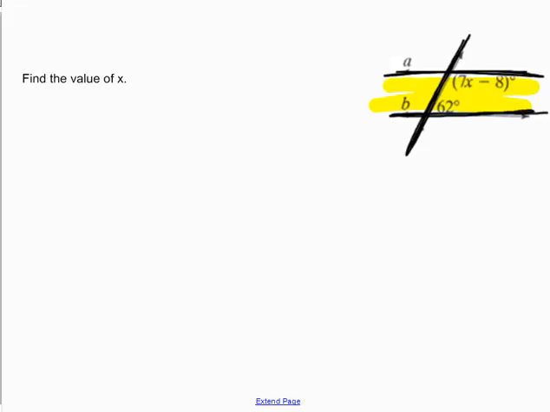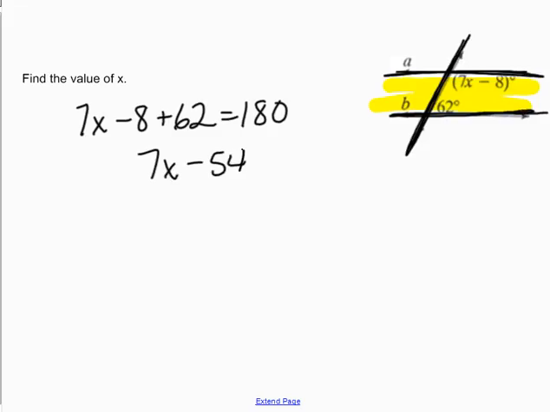Well, if they're interior supplementary, that means that we need to add them together to equal 180. So 7x minus 8 plus 62 equals 180. So now again, we're going to combine like terms. We get 7x minus 54 is 180. 7x, we're going to add 54 to both sides, equals 234.